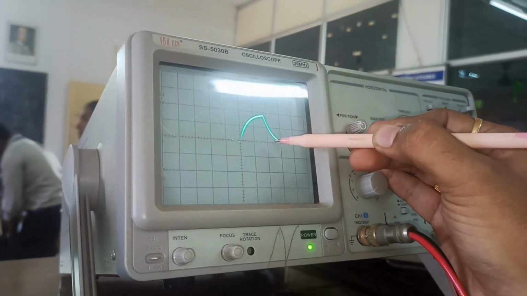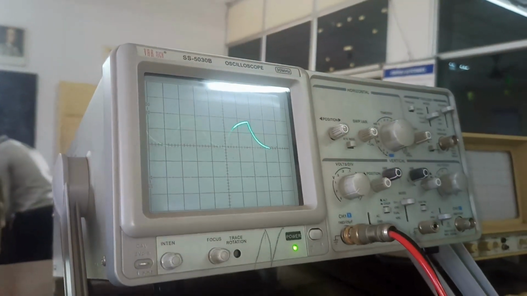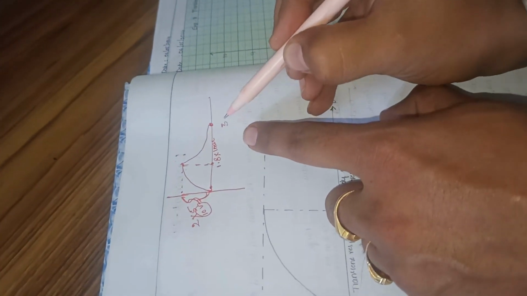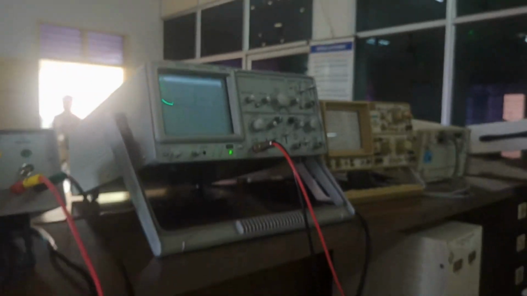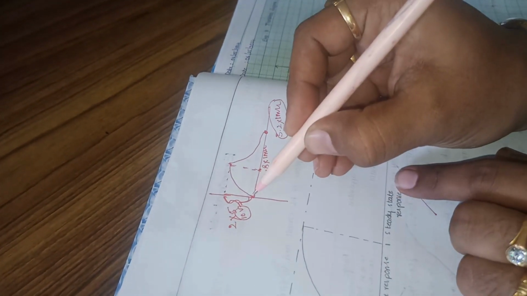Whenever it is discharging, the x-axis is 3.2 into 1 millisecond. Therefore, you are going to get this waveform.